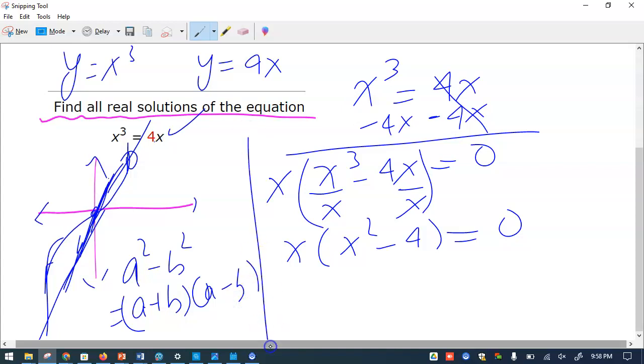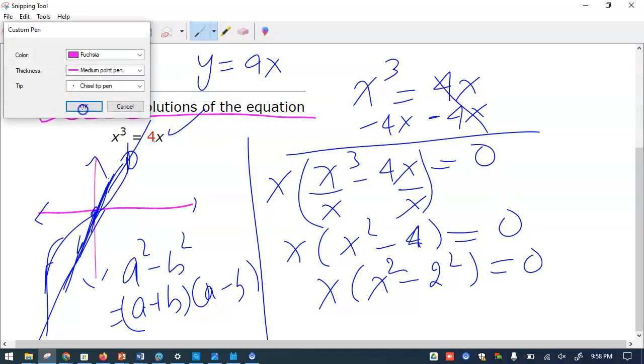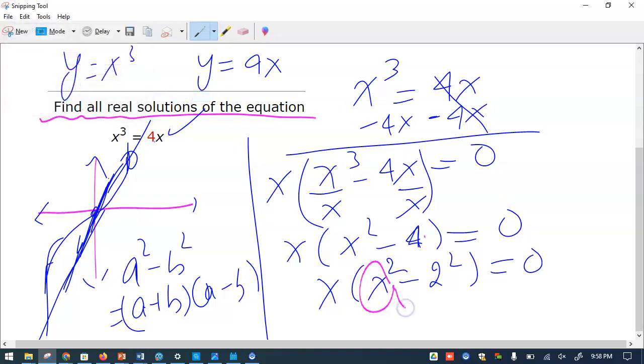So the 4 we can write as 2 squared: x squared minus 2 squared equals 0. So this is your a and b is 2. So your final answer is x, then a plus b, that is x plus 2, and then a minus b, that is x minus 2, equals 0.